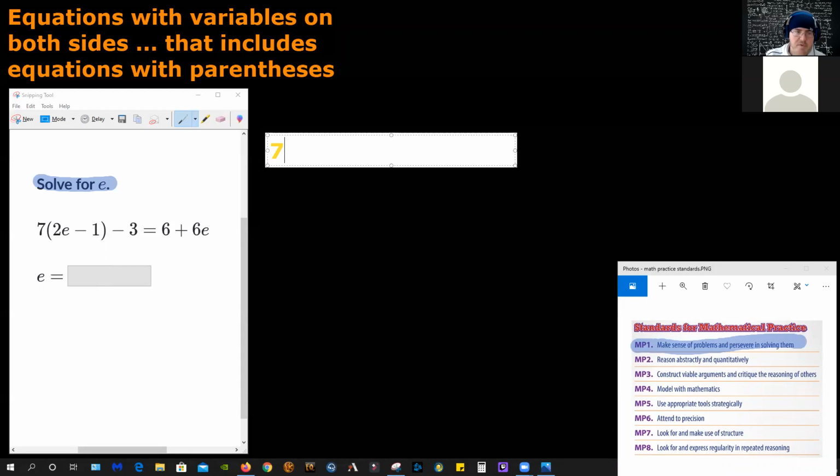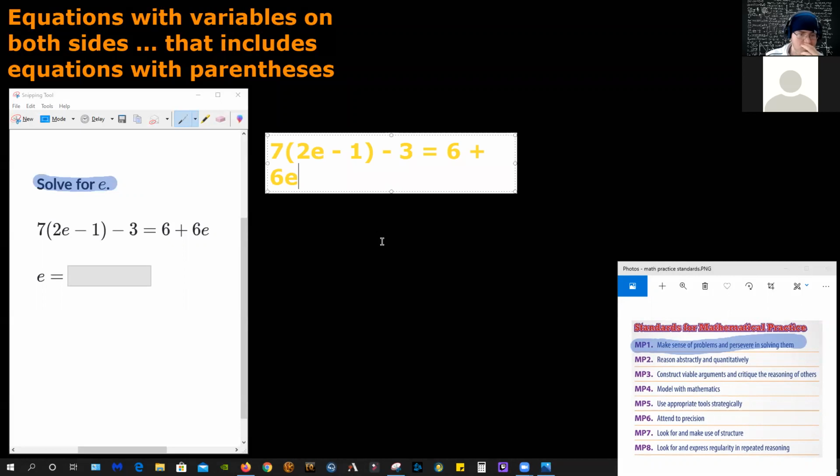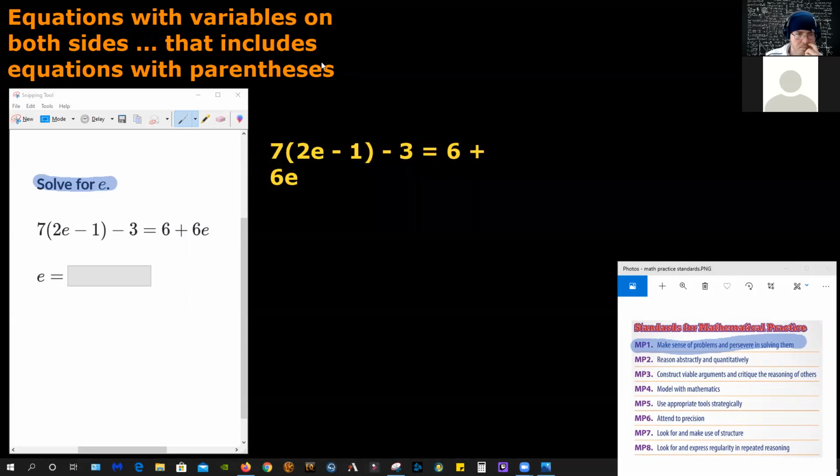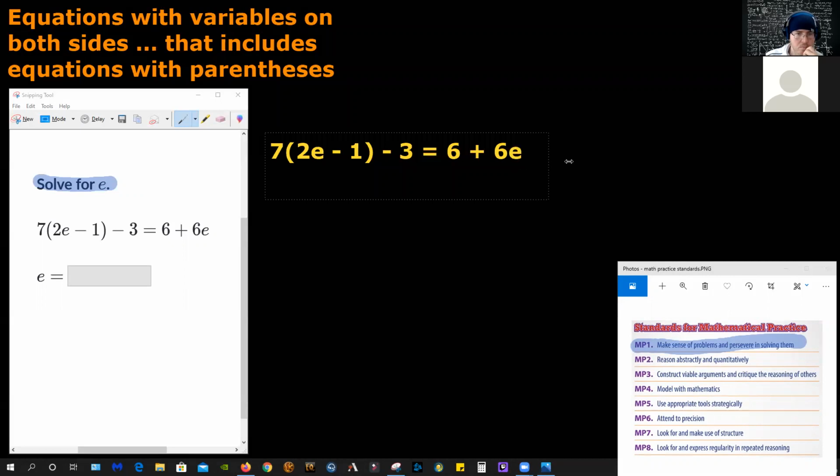So 7 parentheses 2E minus 1 parentheses minus 3 equals 6 plus 6E. Make sure I wrote it down right. Okay.